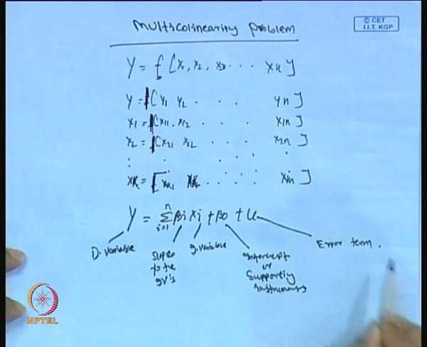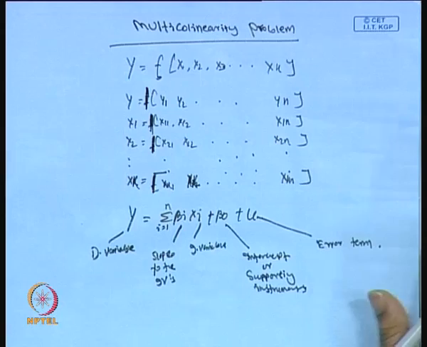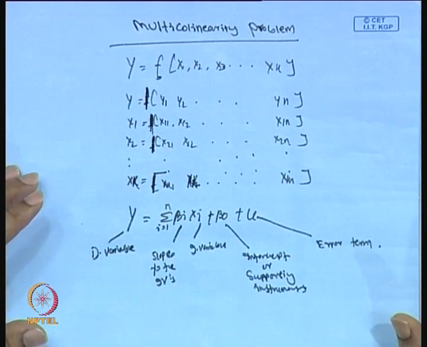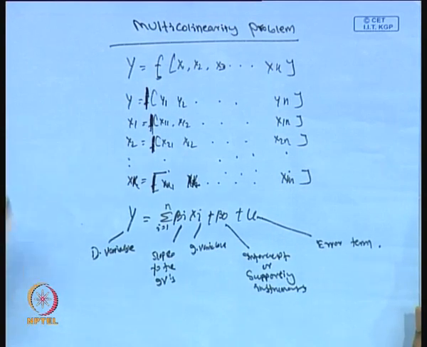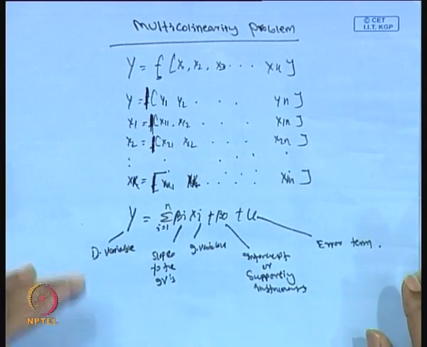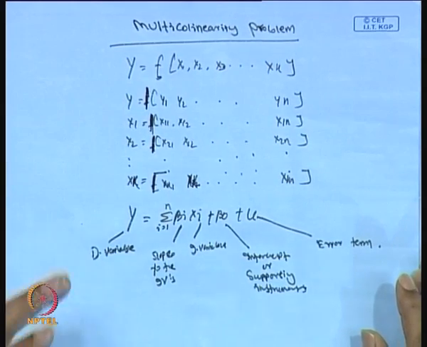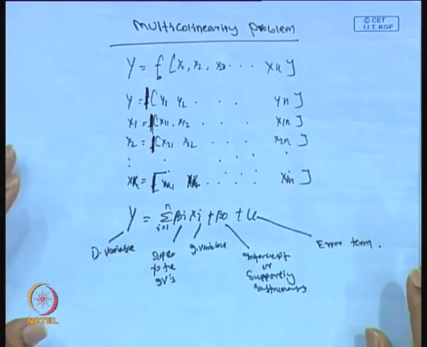So, this is the pure multivariate system where y is the summation of beta i xi plus beta 0 plus u. Here y is the dependent variable, beta is the slope factor, xi is the independent variable, beta 0 is the intercept, and u is the error term.